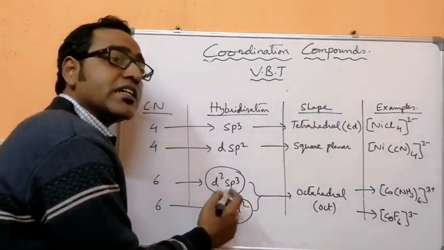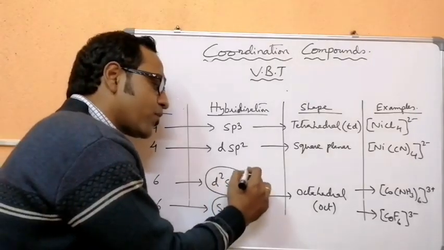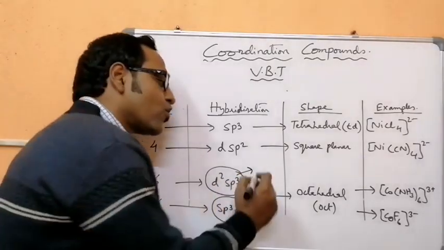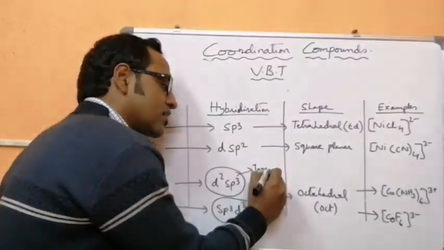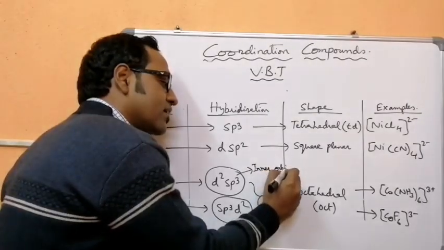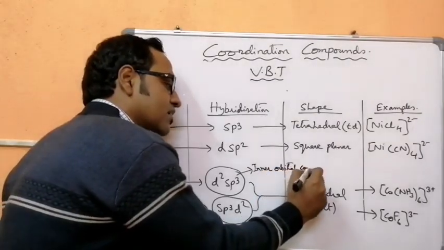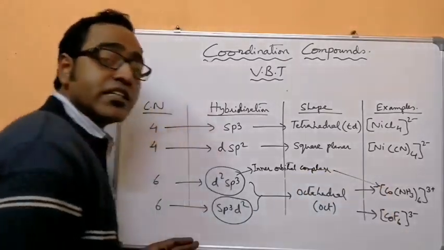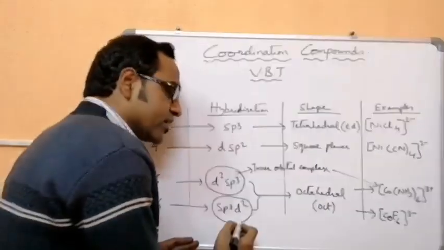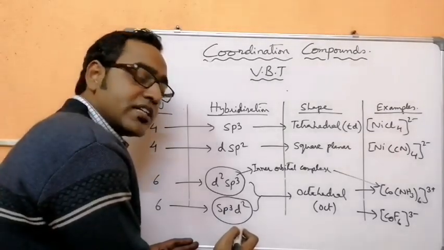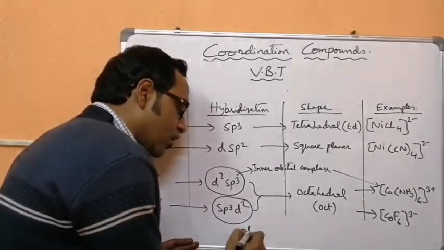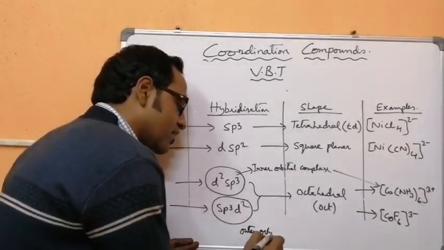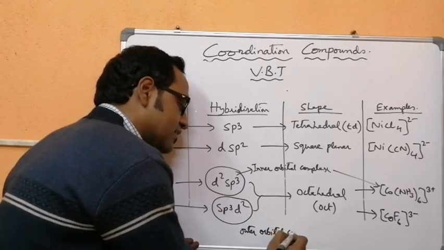Since it uses inner d, this type of complex is called an inner orbital complex. When the outer d, that is 4d, is used, it is called an outer orbital complex.